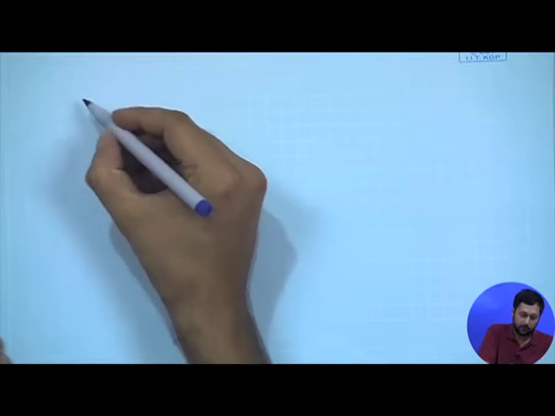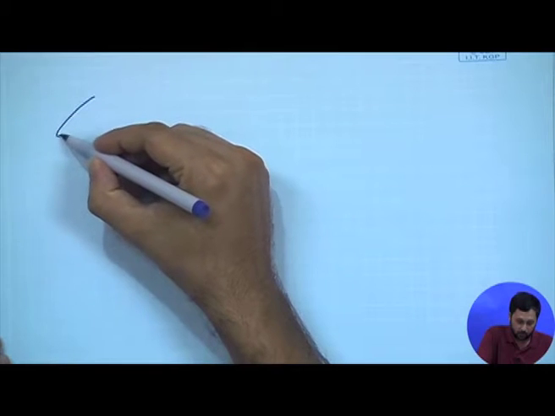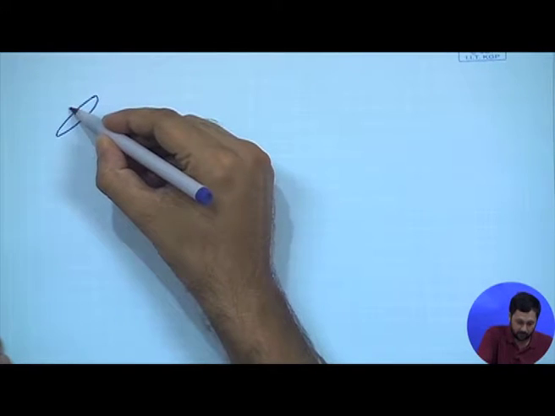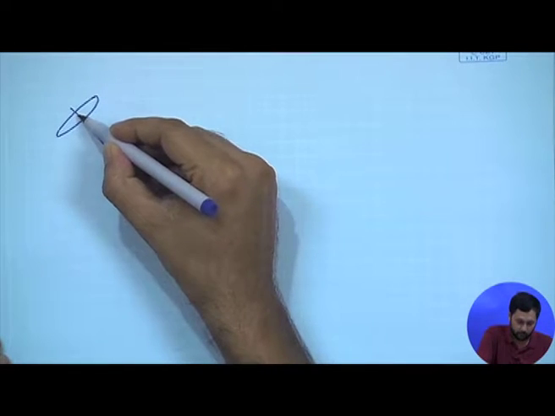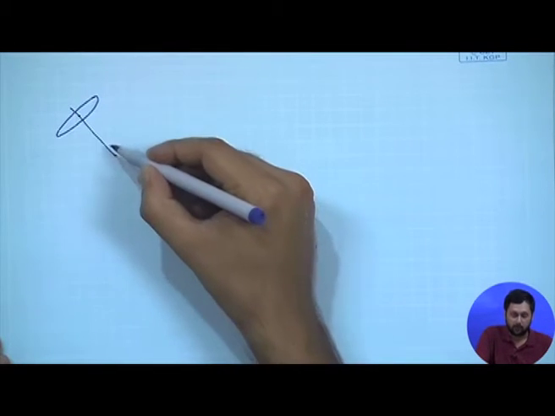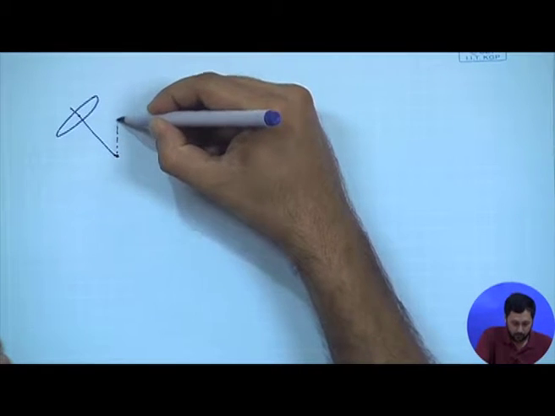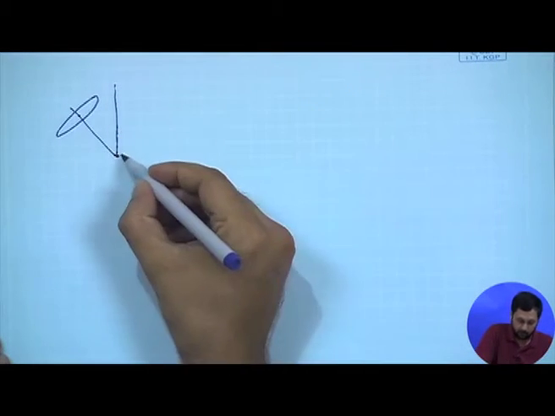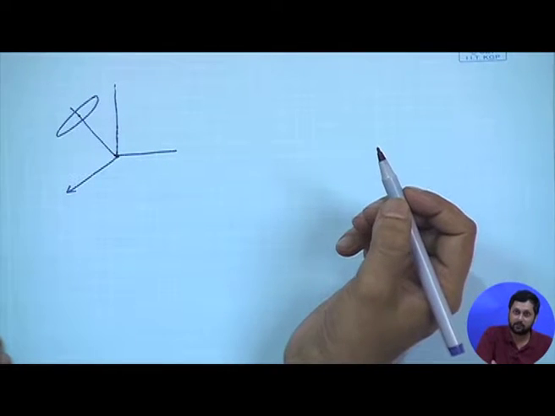There are three types of possible motion in a symmetric top. The first motion is the spin motion. Let us say this is my top, I am just drawing this top like this. We have a disc and we have forced a massless rod through the disc, for example. Now we are describing all the motion with respect to the space set of axes.